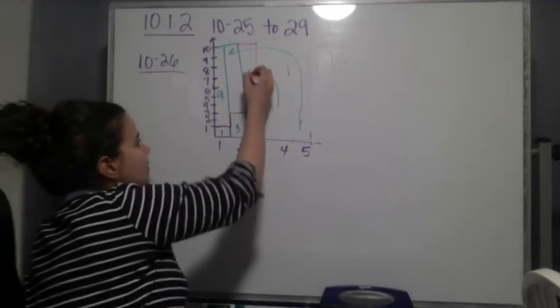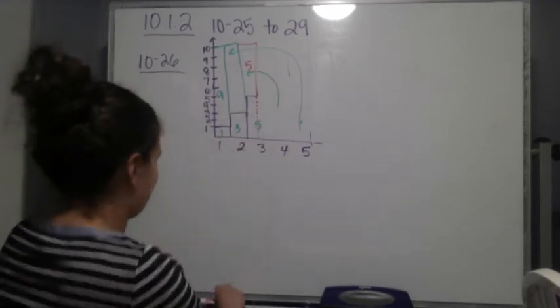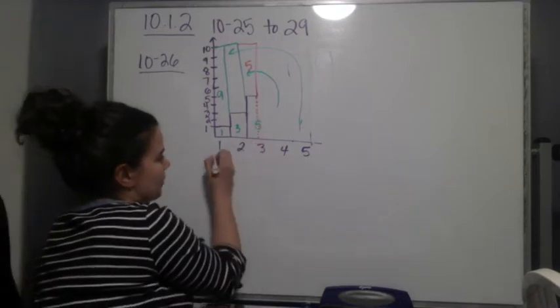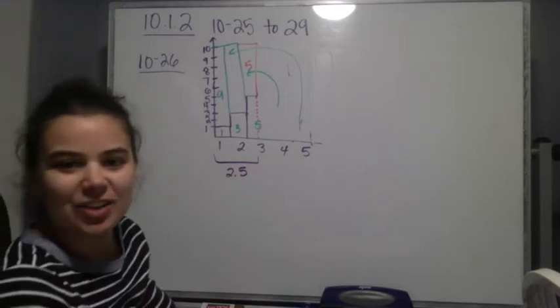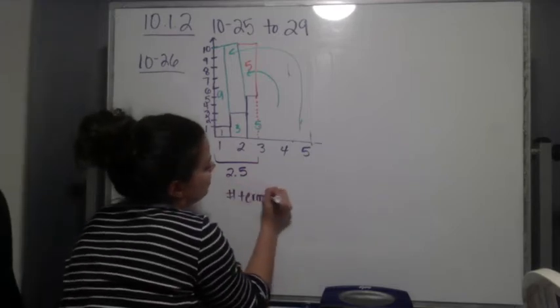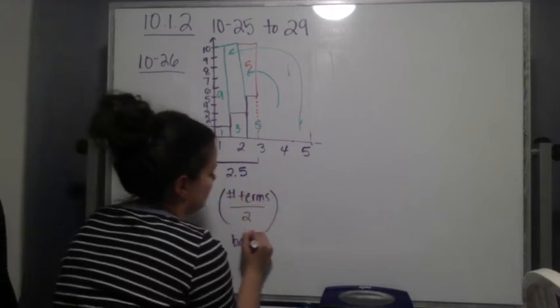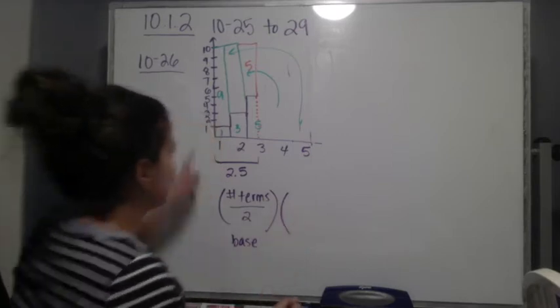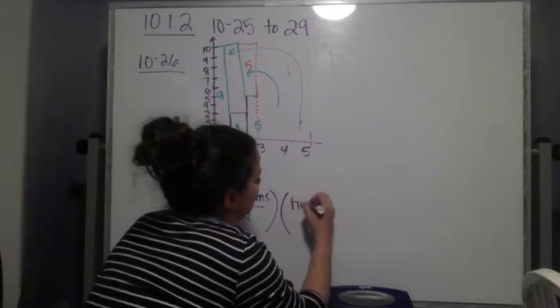So then we have 5 and 5. And this is just 2 and a half. If you split this block in half, then we end up with a width of 2.5 and a height of 10. So we still take the number of terms, divide it by 2, that's going to be the base. And then the height is still going to be the first and last terms added together.